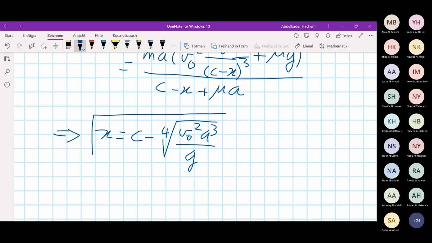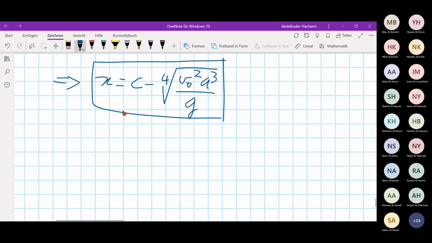This is what we get. There is only one solution which can be valid: when x max is equal to c. If x max is equal to c, then we get x equal to c plus this term here.